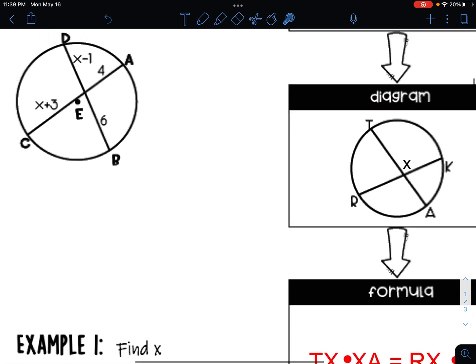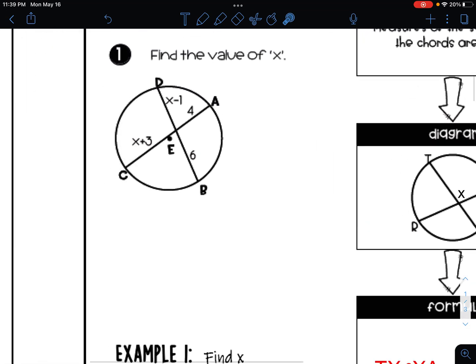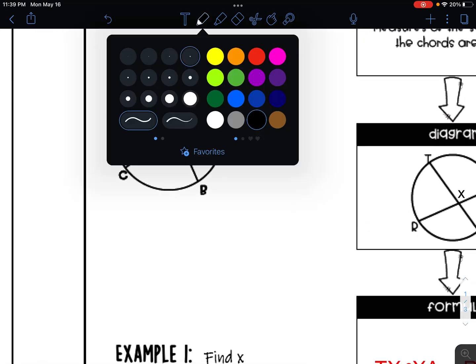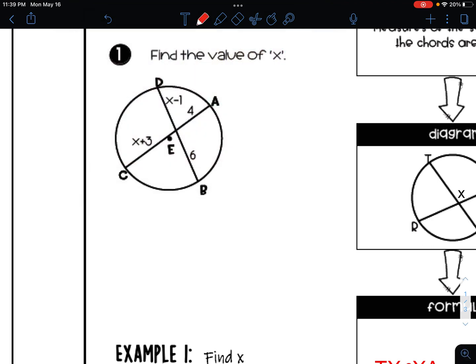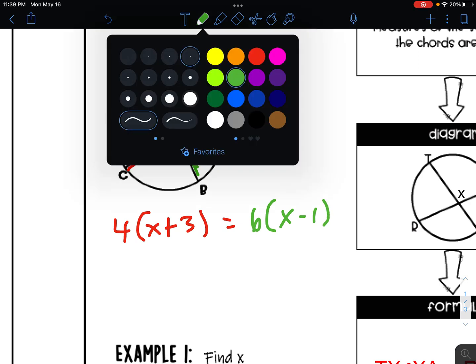All right, so how are we going to apply that? Well, on one chord, we have these 2 measurements. We have 4, and we have x plus 3. That's going to equal the same as the other 2 parts, so 6 times x minus 1.